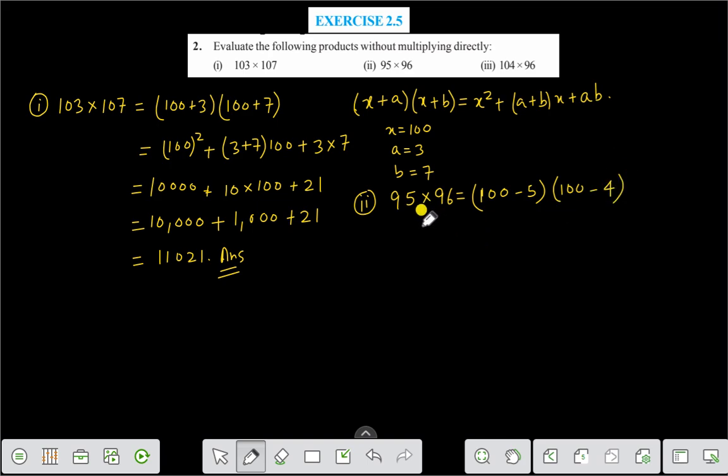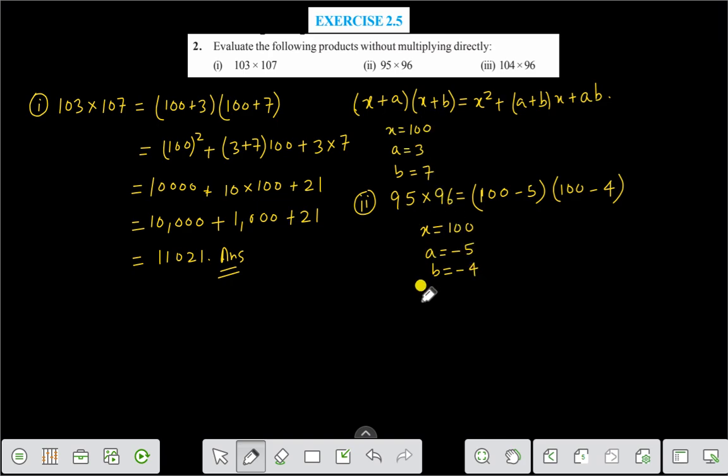Here we have taken x as 100. The same identity: (x plus a) into (x plus b) is x square plus (a plus b)x plus ab. a is equal to minus 5, b is equal to minus 4.